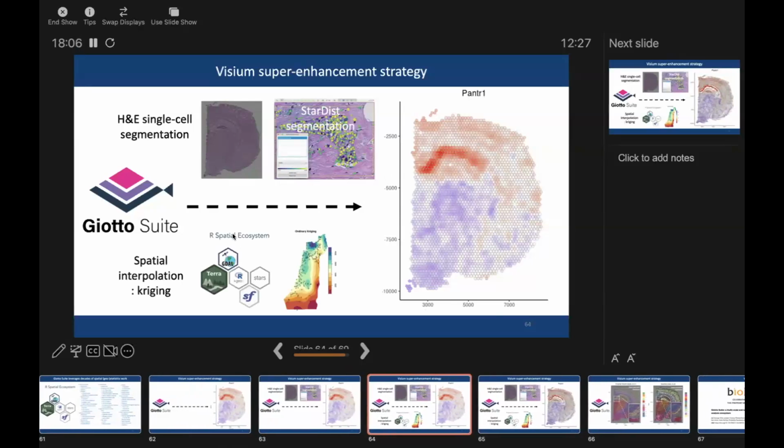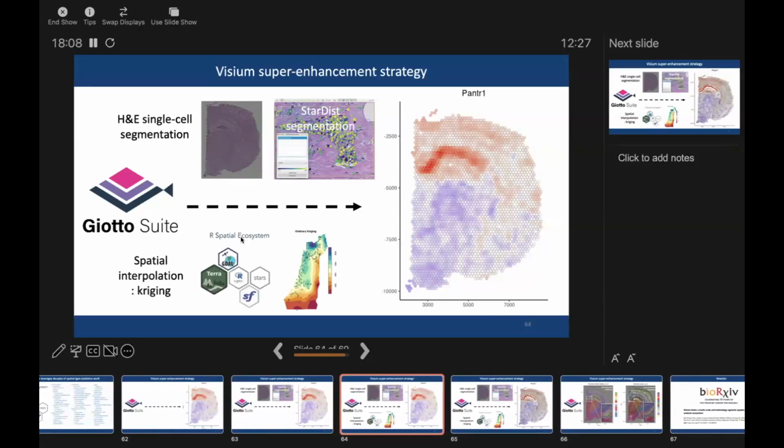On the other hand, we're making use of the accessibility to the R spatial ecosystem to do something called spatial interpolation or kriging, which is a way to predict expression of genes or specific features or variables in regions for which you don't have information, if you think there is spatial variability or spatial covariance for your feature of interest.